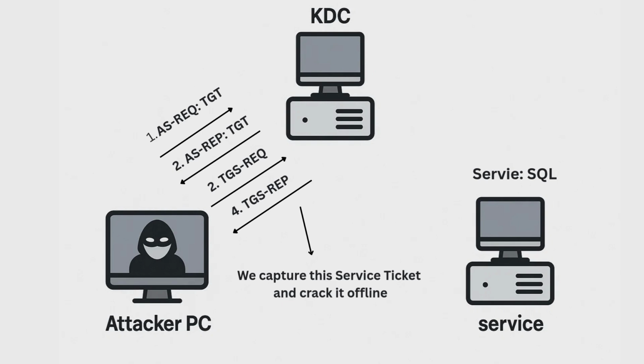And now using that TGT, we can request tickets for any service in the domain. So if there are any regular accounts with a service principal name, or SPN, set, service tickets for that SPN will be encrypted using that account's password. And if we're lucky and the password is weak, we can crack it and obtain credentials for that account, which would help us move laterally within the environment.